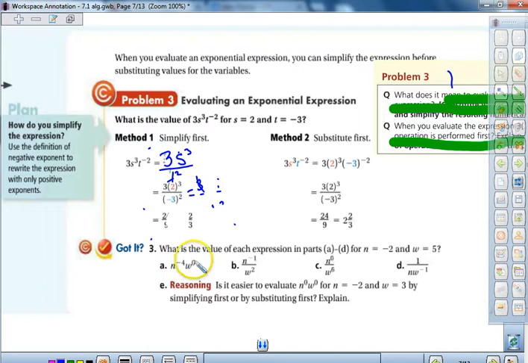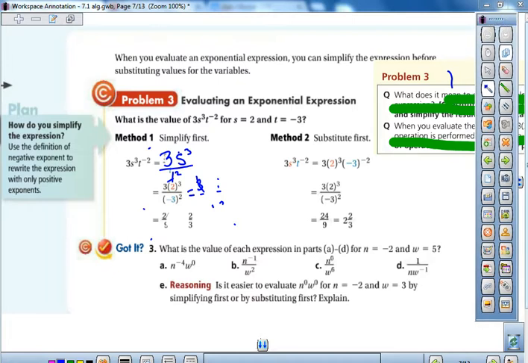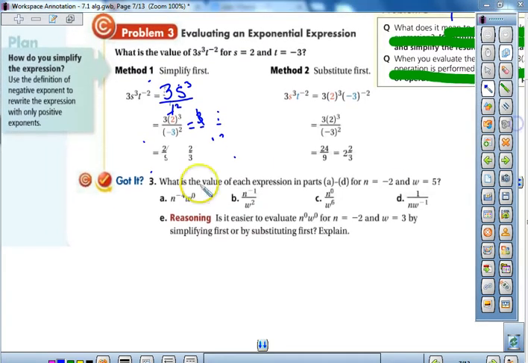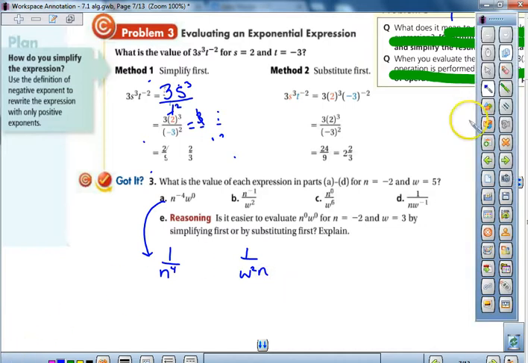As you look at each of these in the got it part, what I want you to think about first is, as we look at the problem, if we are simplifying it, rewriting it first using our rules of positive exponents. So we actually have w to the 0, which is 1 over n to the 4th. The second one, we would have 1 over w to the second, and our n would be to the first power.